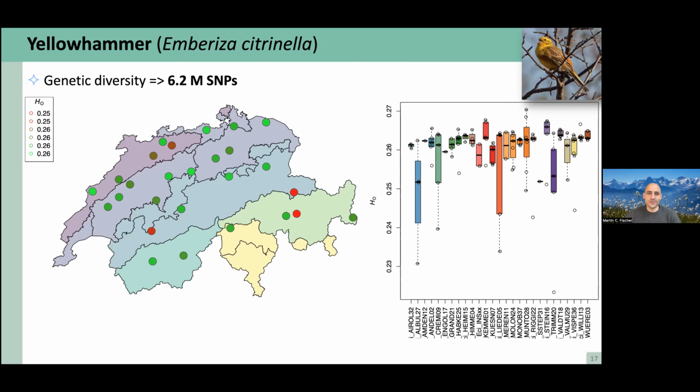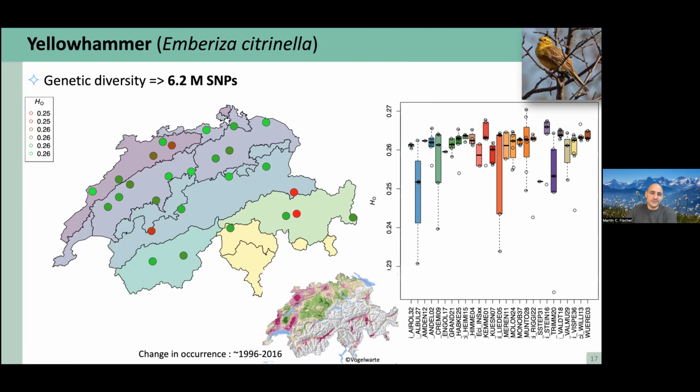However, if we now look within each population, you see that there are populations where all individuals have very similar genetic diversity, but there are also populations where genetic diversity is highly variable between the different individuals. And those which show such large patterns of variation of genetic diversity within each population are also those which have a bit lower genetic diversity. This may already also be some sign of isolation or maybe inbreeding.